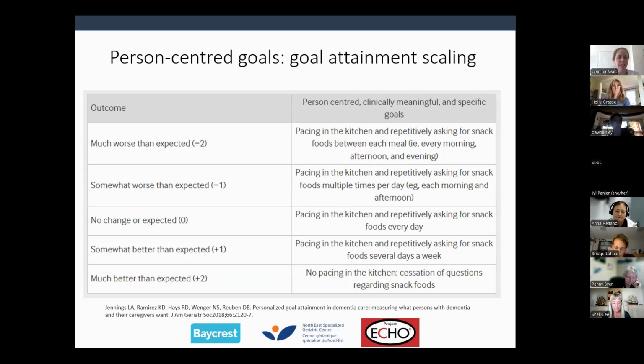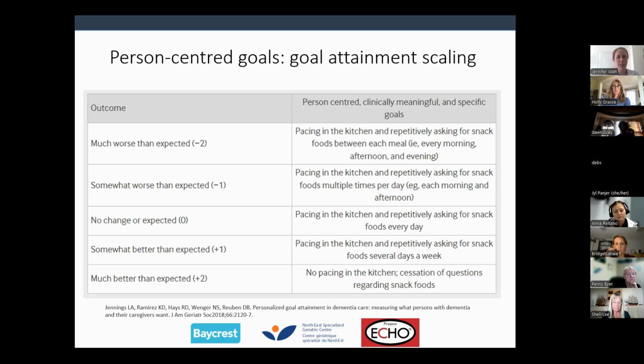And so it's nice because it's reflecting exactly the responsive behavior or the personal expression that the person is having, and you use terms to exactly describe what you're seeing. You don't need to put it on a scale that gets used in a research study somewhere. And say that you are seeing somebody who is asking for food all the time, as the example is here, and that is their baseline.